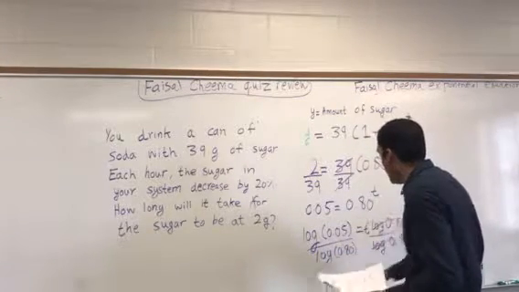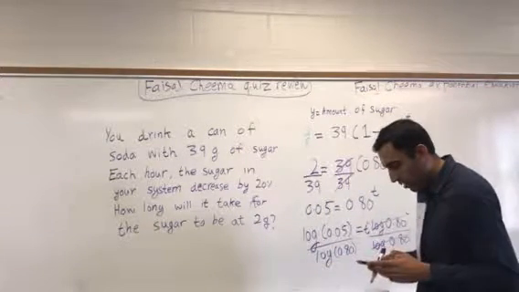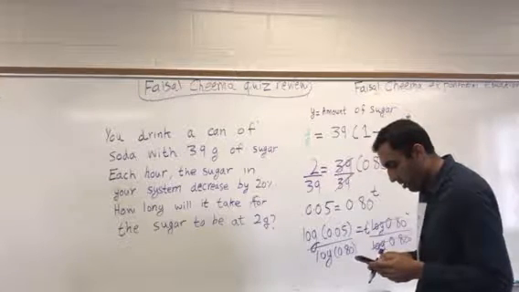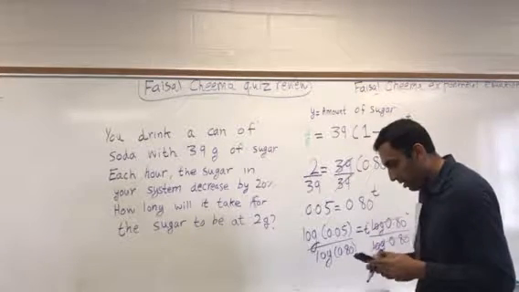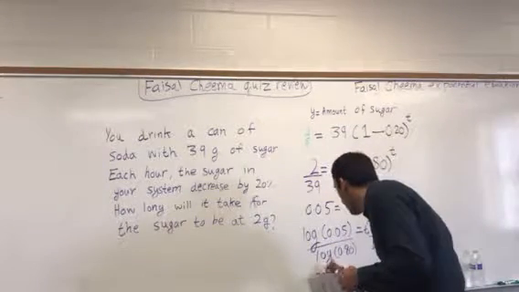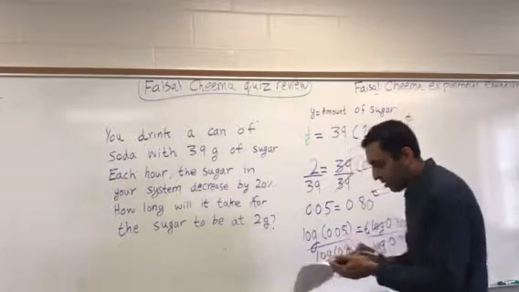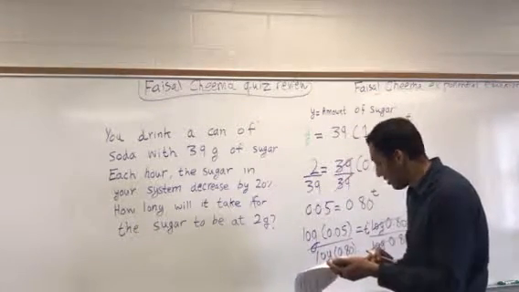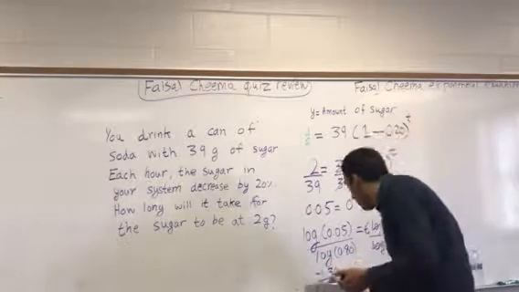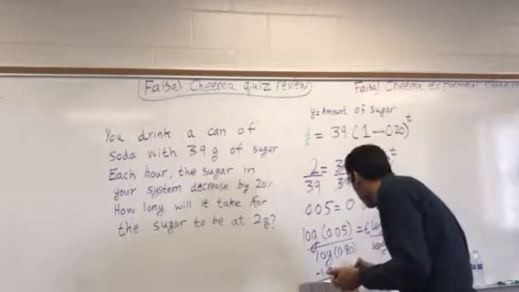This goes away, and let me put that in the calculator. Let's see what we get. Log of 0.05 is going to give me negative 1.3 on top. Hopefully that's not your final answer. Over log 0.8, which is negative 0.09, equals t.